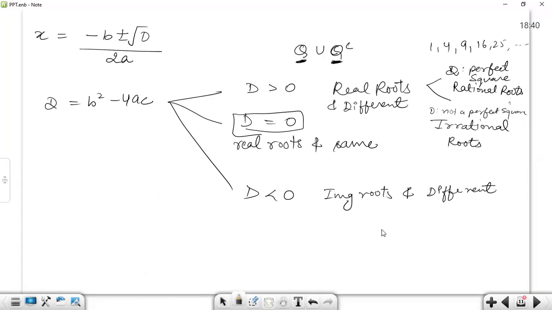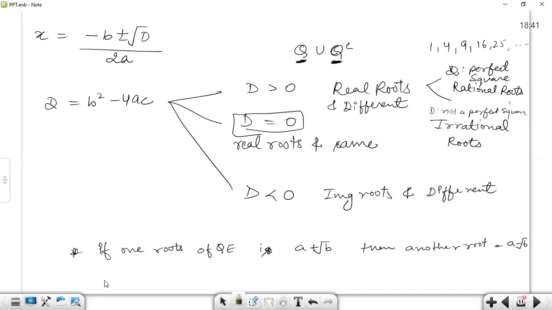And remember the thing we were discussing: if one root of a quadratic equation is a plus root b, then the other root will be a minus root b.